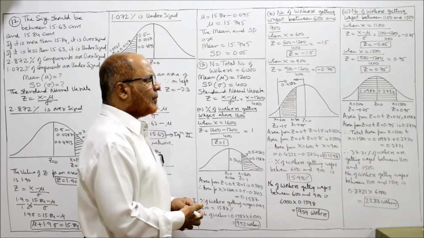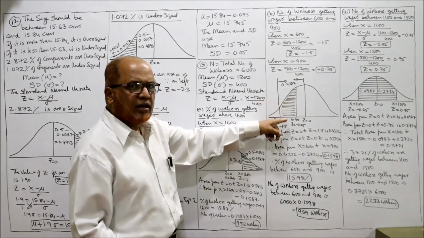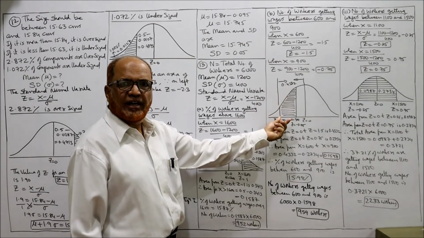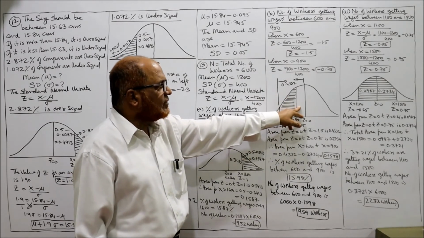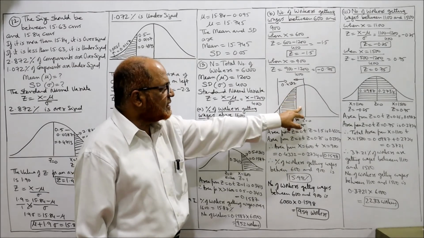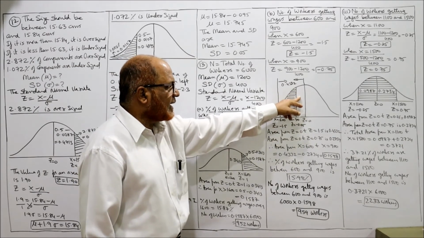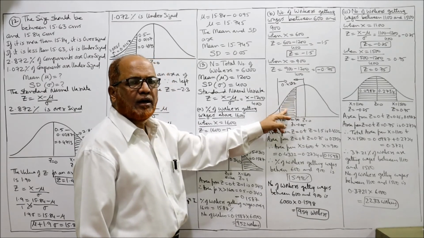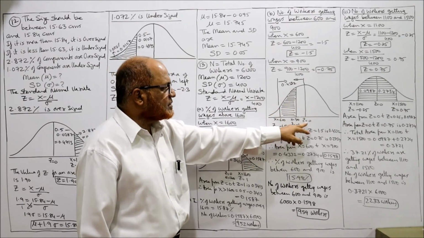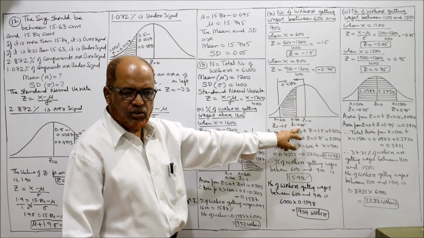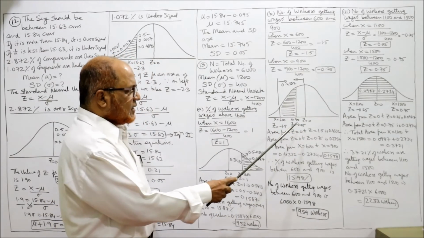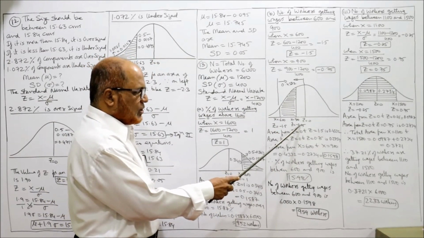But we don't require the complete area. We want only the shaded area. So this unshaded area we subtract. If we subtract this unshaded area from the total area, we'll get the shaded area, right? So what is the area from z equal to 0 to z equal to 0.75?